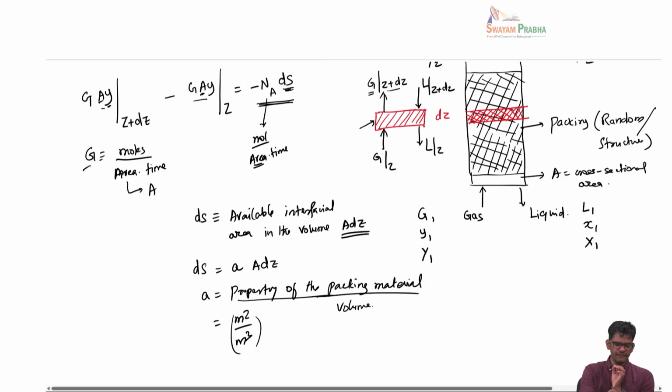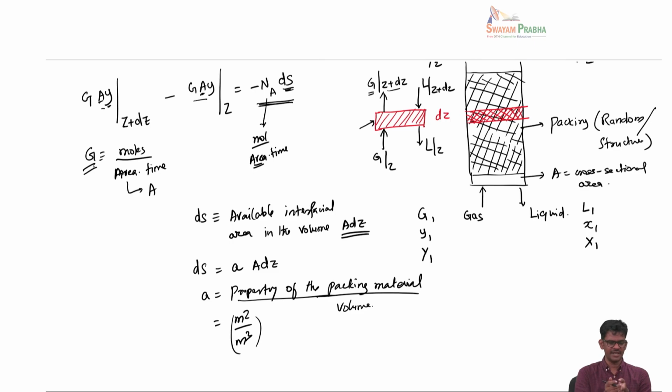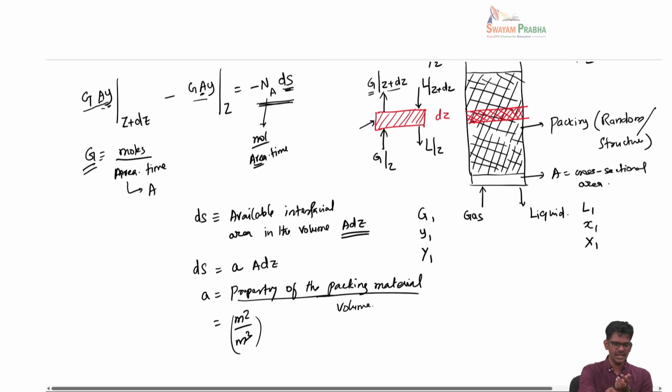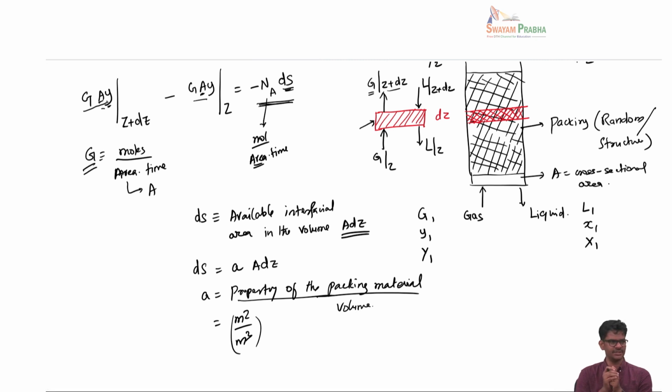Okay. So, let me reiterate again. We are talking about two different areas here. One area is the cross sectional area of the column in the absence of a packing. That area is used to define the molar flux of the fluids, gases and liquids. So, when I write the mass balance, I write G A Y so that I know how many moles of solute are going through this column at this particular section.